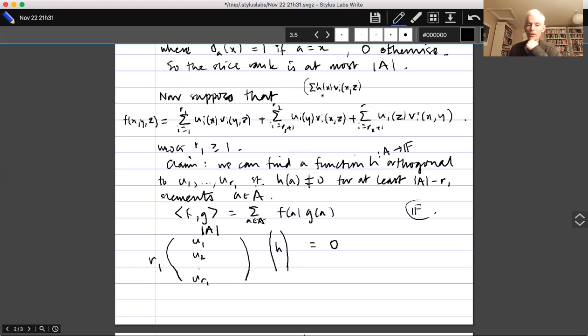We don't know too much about that, but one thing we can say just from grammar, so to speak, is that this is a function of z. x is a dummy variable here. This is just a function of one variable, so it's some w_i(z). And similarly, this one is going to be just a function of y. So just to conclude, this becomes a sum of product of one variable functions, and this becomes a sum of product of one variable functions.